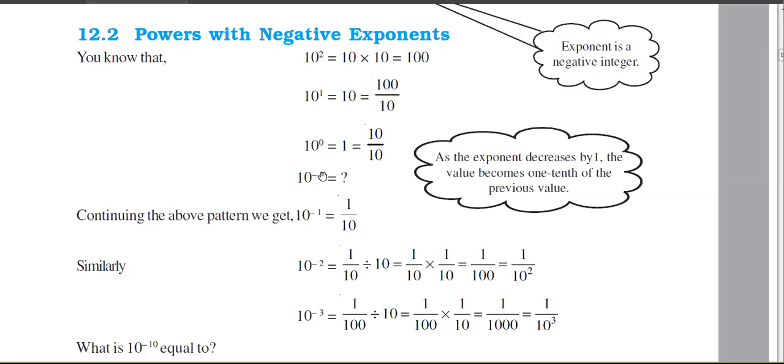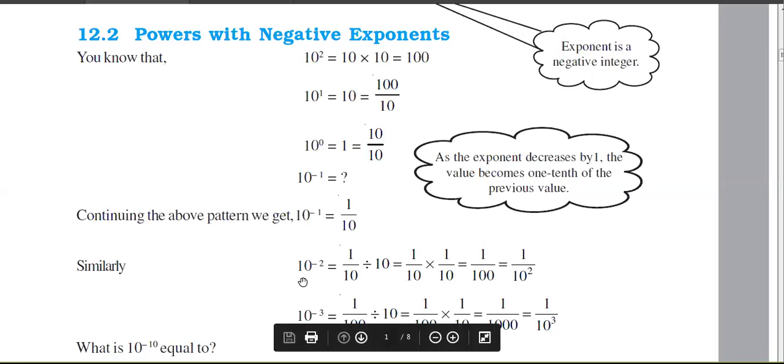Now at this time, the new value 10 raised to the power minus 1 will be 1/10 of the earlier value, that is 1. 1/10 into 1, and you get 1/10. All right? Till here, any doubt? No. So 10 raised to the power minus 1 is represented as 1/10.